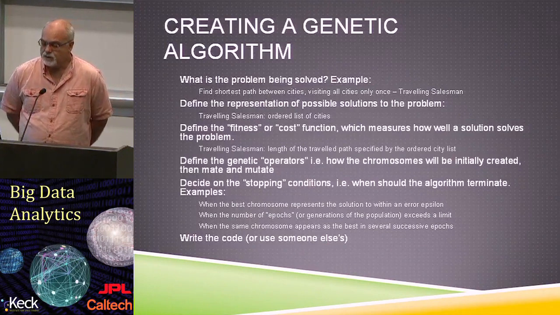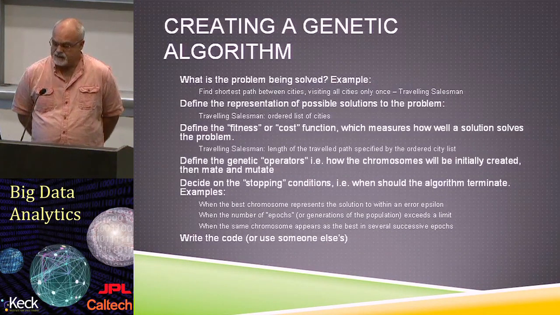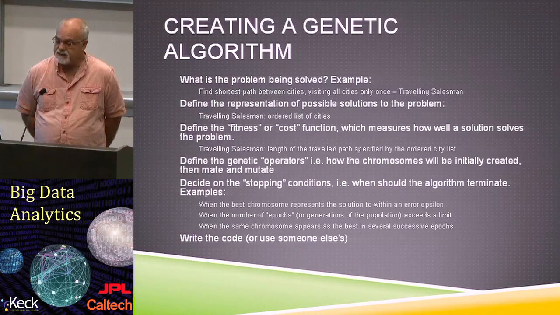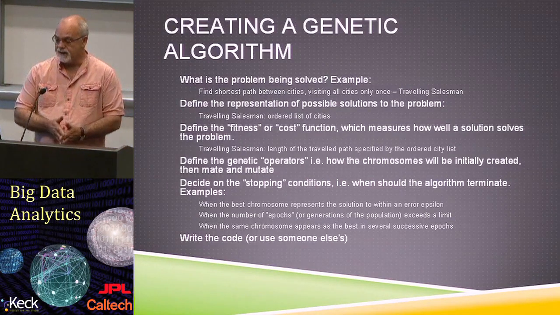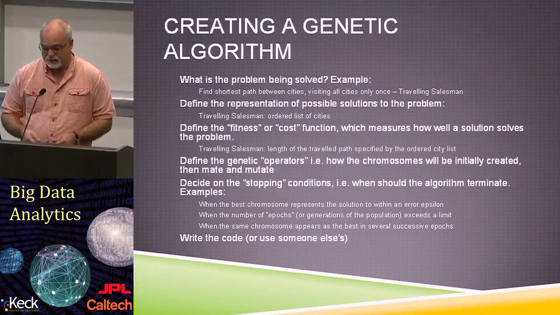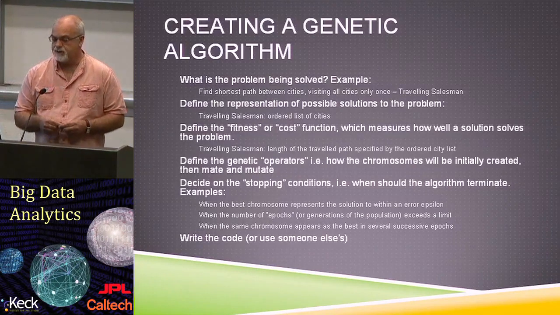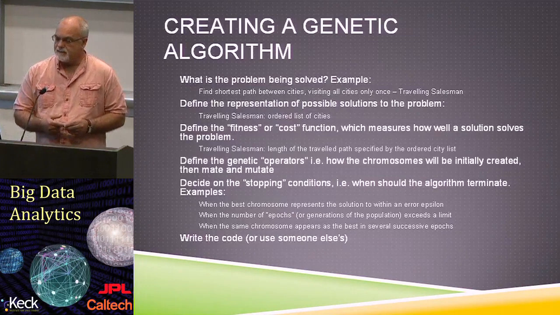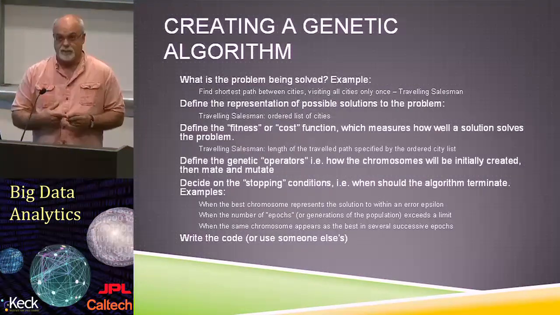Then we define what are called genetic operators, and this is really how the chromosomes will initially be created, and how they will mate, and how they will then mutate. And then, as we looked at before in the flowchart, we decide on the stopping conditions. These are when the algorithm should stop.